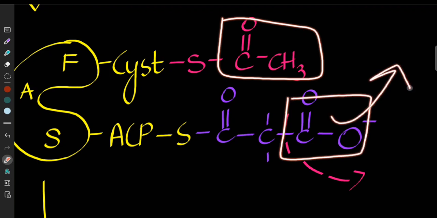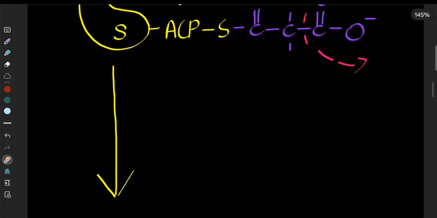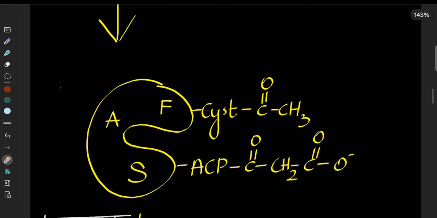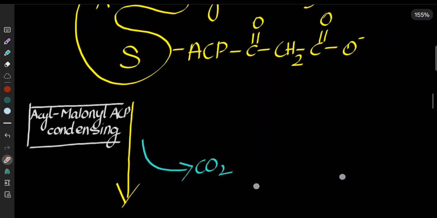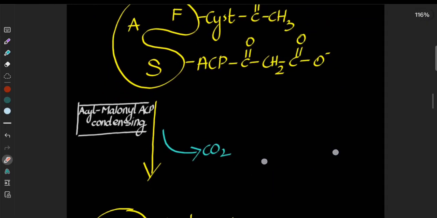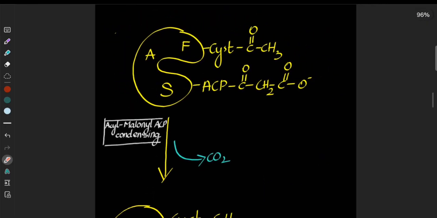So let us try to see how it looks now. I think I've made an extra step over here just to show you. As you can see over here, this and this will be condensing together. The enzyme which will be used is known as acyl-malonyl ACP condensing enzyme, right?